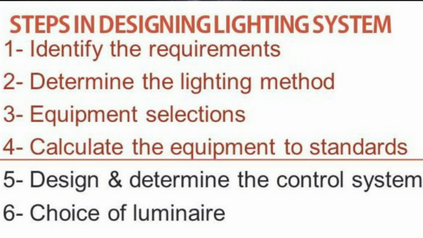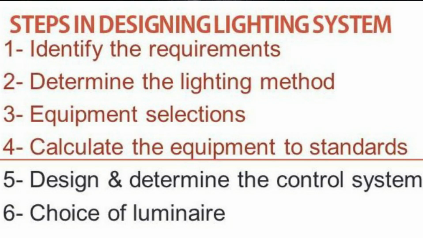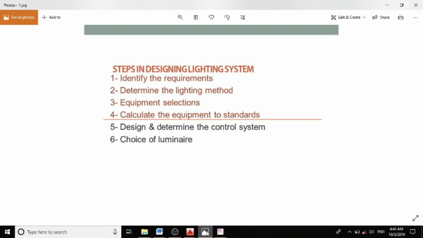For a lighting system design, we'll be designing for two things: the lighting fixtures and the control system. Control system simply means the switches. We have different kinds, different forms of switches.